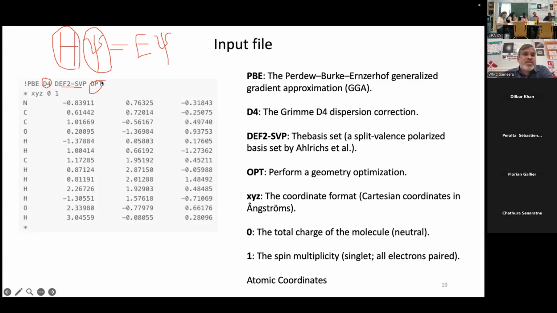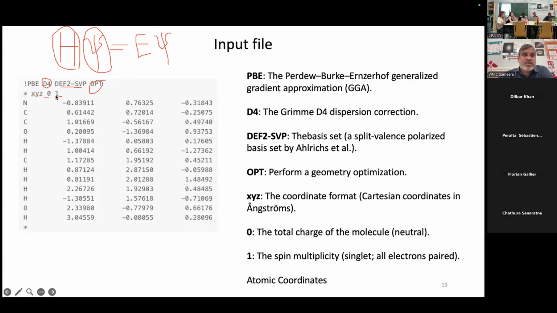Here OPT means you are optimizing the structure. And XYZ indicates that your coordinates are in the Cartesian format in angstrom. And 0 is the charge of the molecular system, and 1 is the multiplicity.